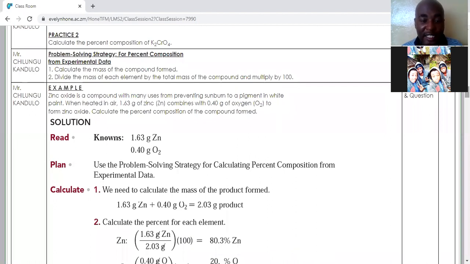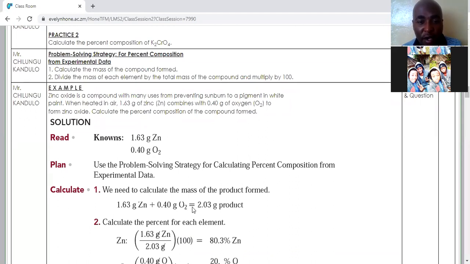Zinc oxide is just ZnO. But the O2 changes when they combine. So it doesn't matter whether it's O2 or whatever, it's the mass of oxygen that we have. Even this diatomic oxygen is oxygen. So the total mass is 2.03. So you don't look at the formulas per se if you're looking at it from experimental data.